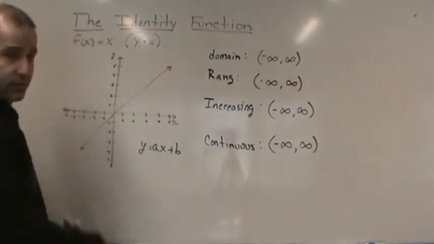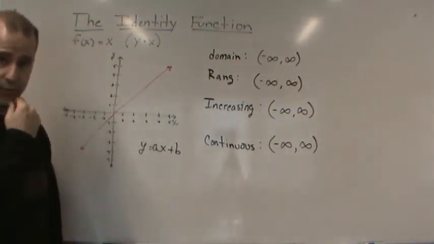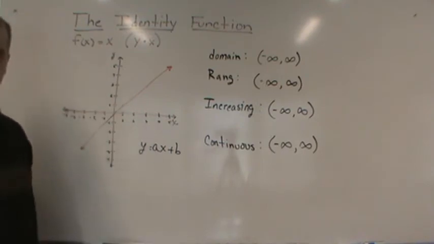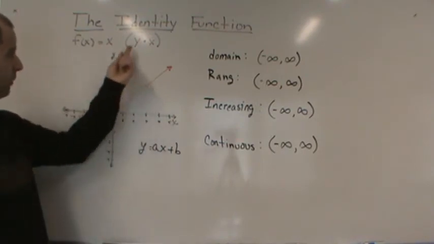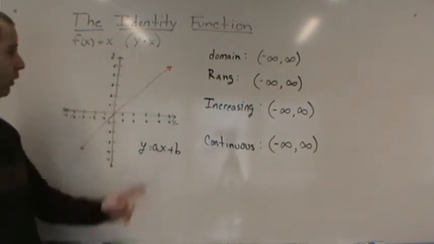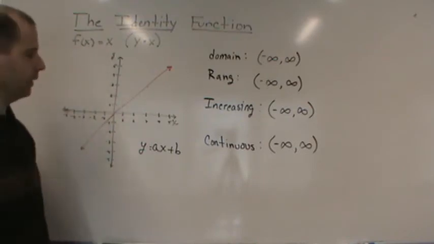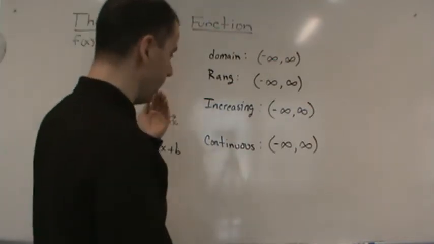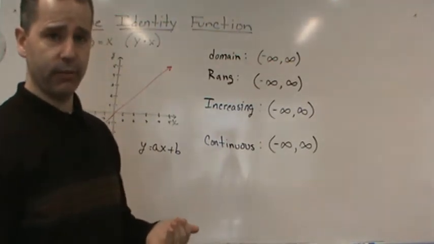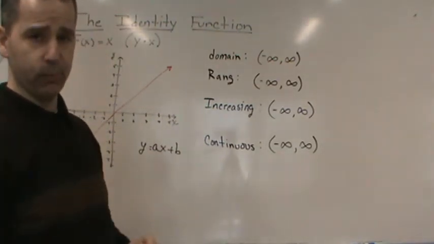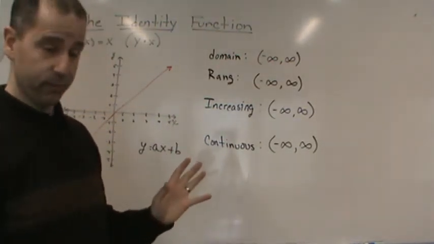That's why this is called the basic function, the identity function, because all linear functions can be derived from y equals x, or f of x equals x. So here are some of the things that we want to remember. You've got to remember this stuff, but again, this is the easiest one because they're all the same.